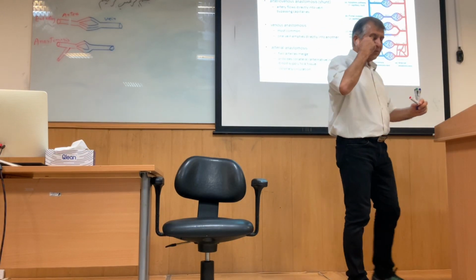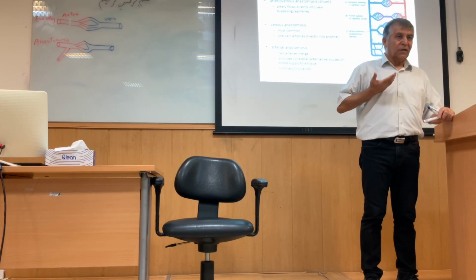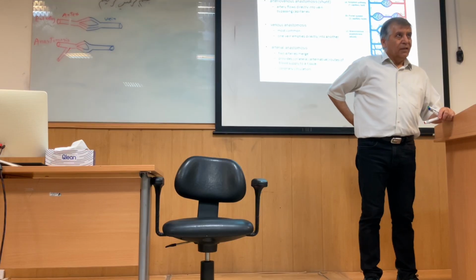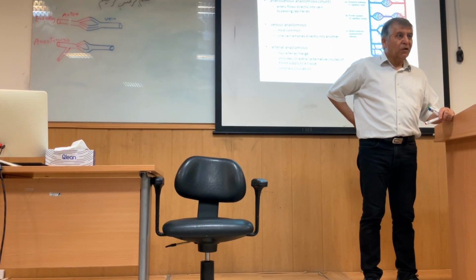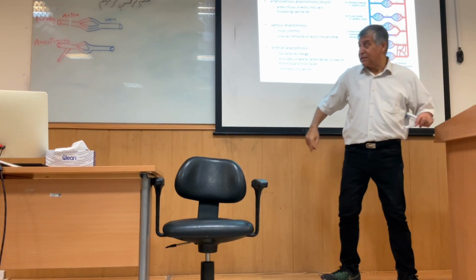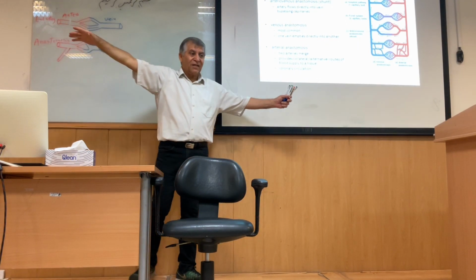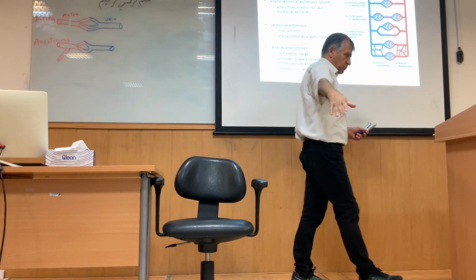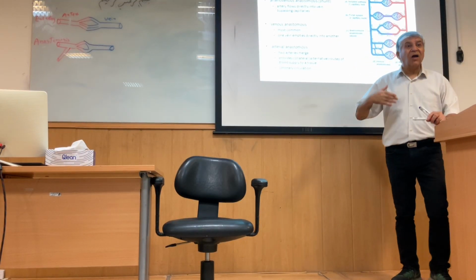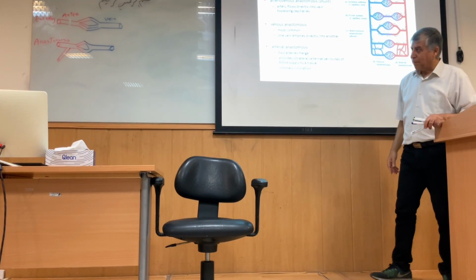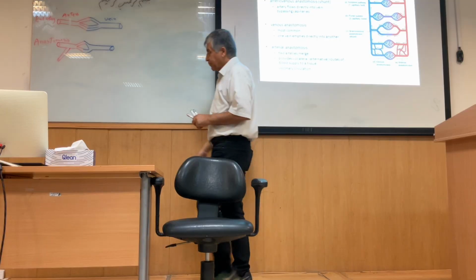Vascular problem is in the eye, in the lung, in the kidney, because this part is end artery. Limbs have no vascular problem because of anastomosis artery. Okay?